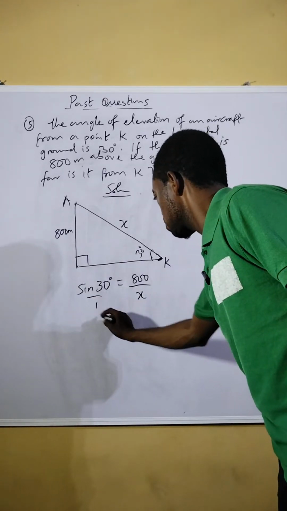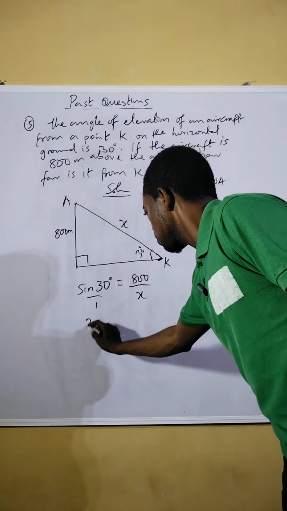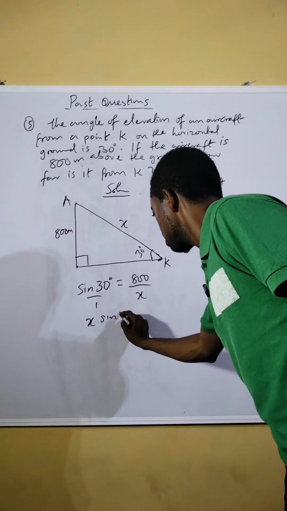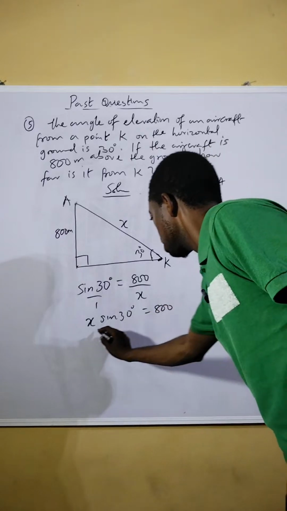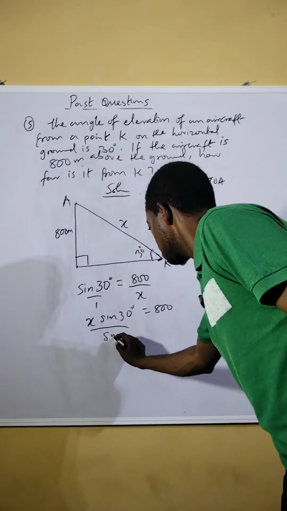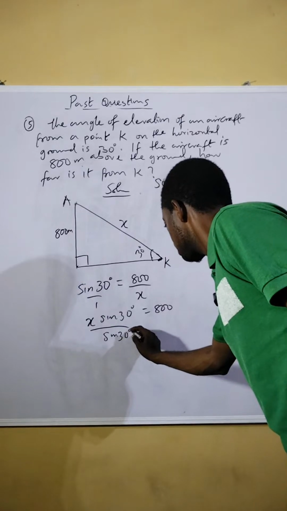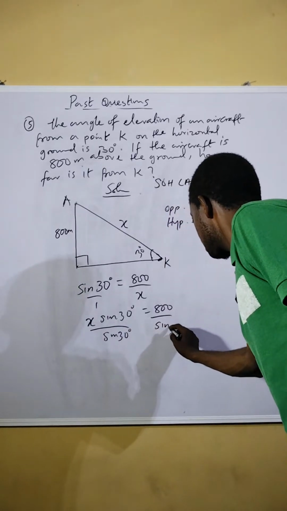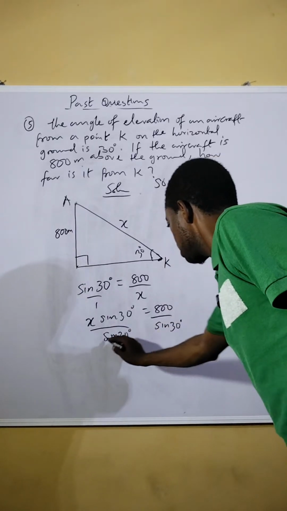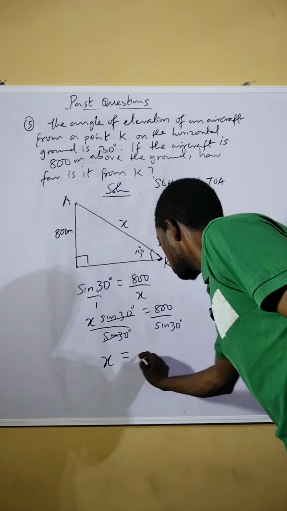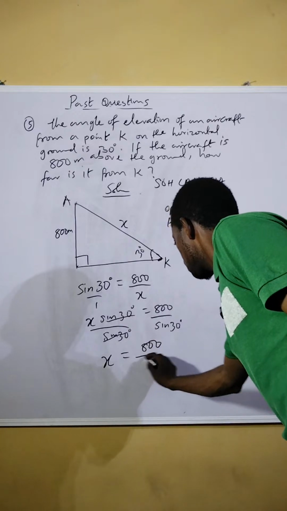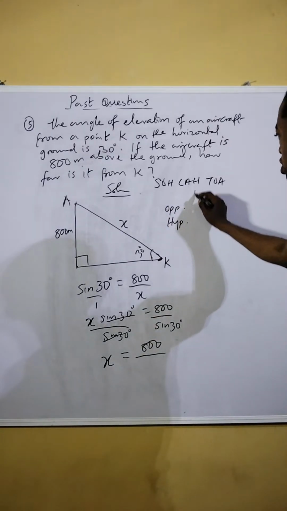So when we cross multiply here, we have x sine 30 degrees equals to 800. Then divide both sides by sine 30 degrees to get x. Then sine 30 degrees cancel each other. We are left with x, which is equals to 800 over sine 30 degrees.